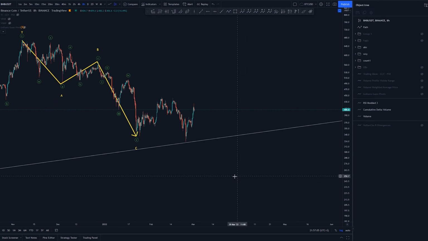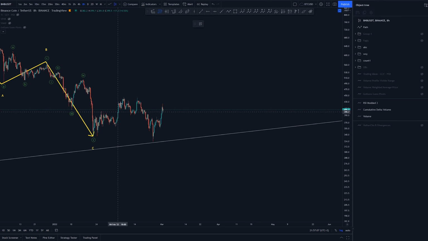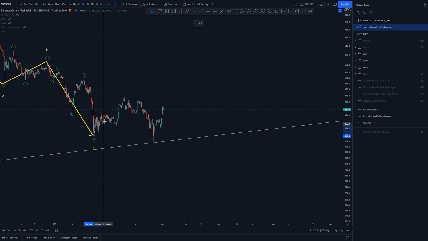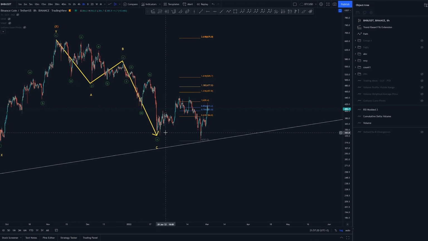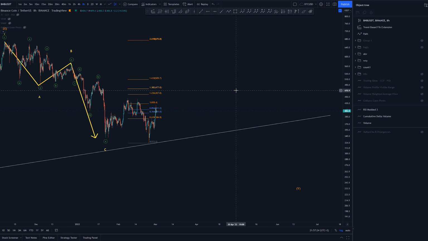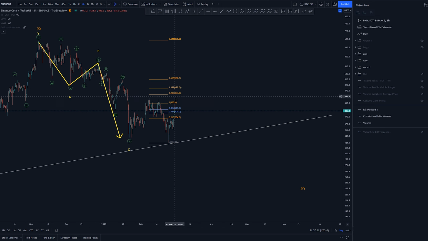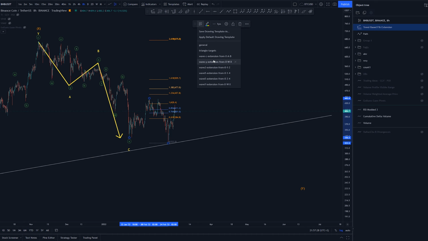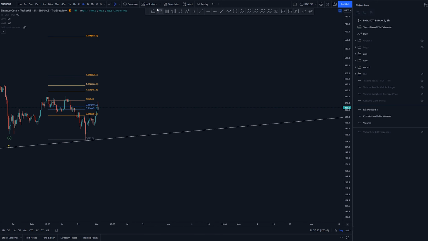and we can take a measured target. Which one would it be? I've marked, here we go, and there. I'm gonna move this just a bit. So here's the targets for wave C, if this is ABC, and let's see if we can actually line something up here.